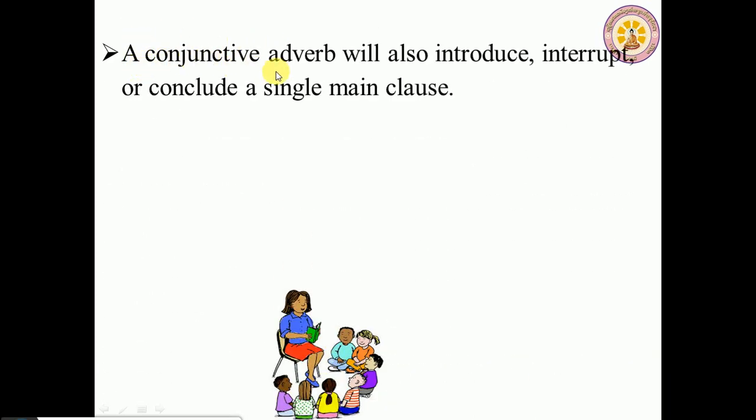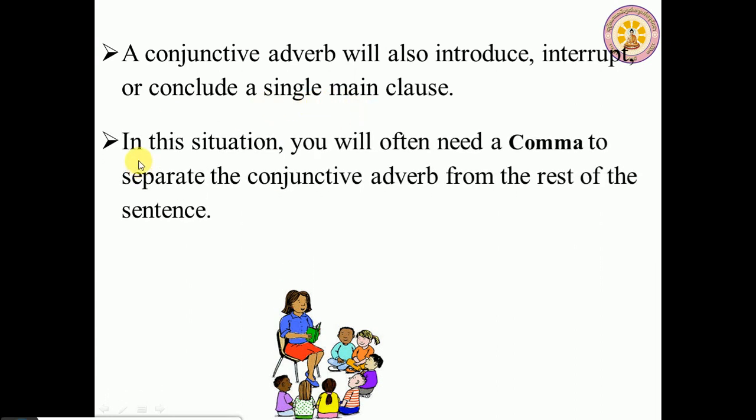Okay, more. A conjunctive adverb will also interrupt or conclude a single main clause. In this situation, you will often use a comma to separate the conjunctive adverb from the rest of the sentence.